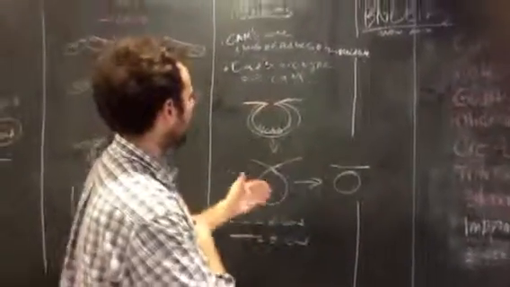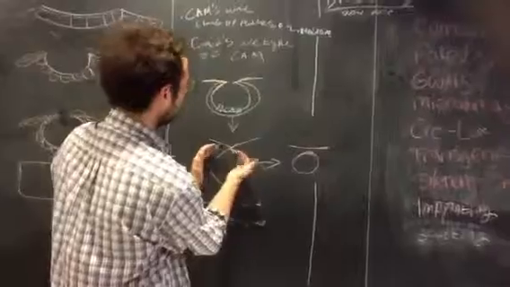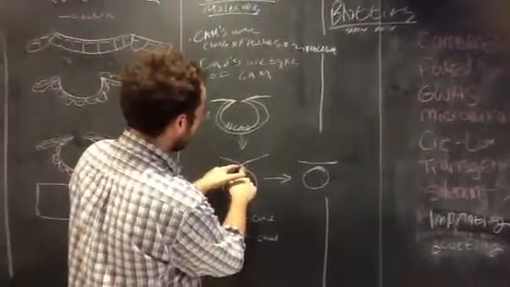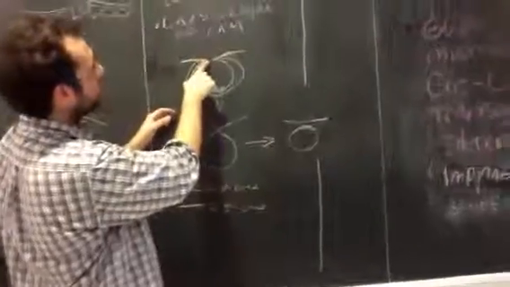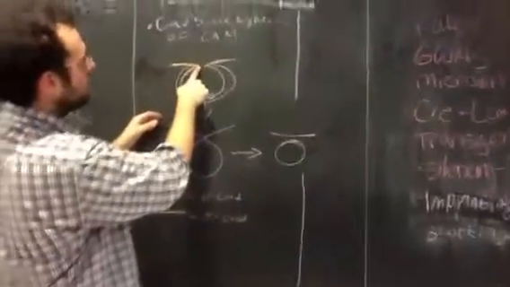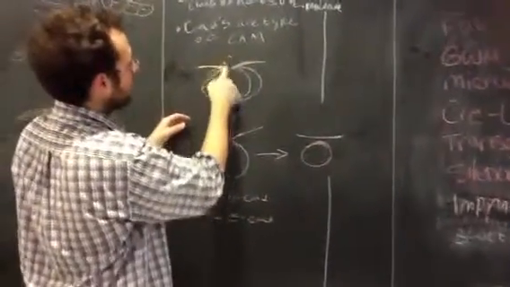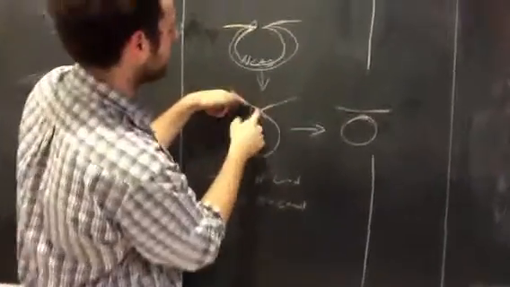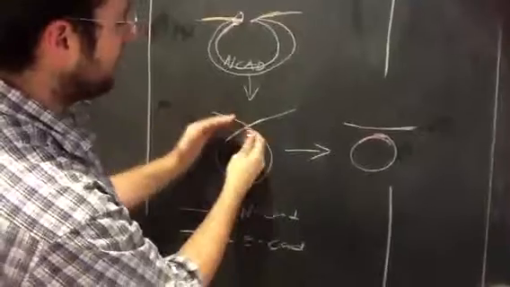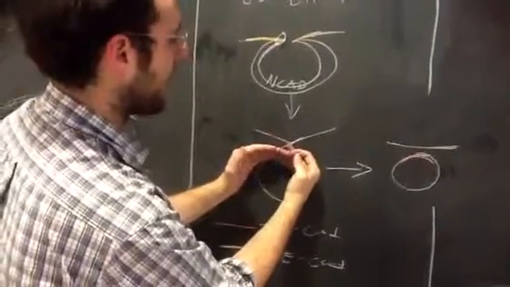What happens is, as apical constriction is occurring, these cells that are normally next to each other swap binding partners in order to close that gap.